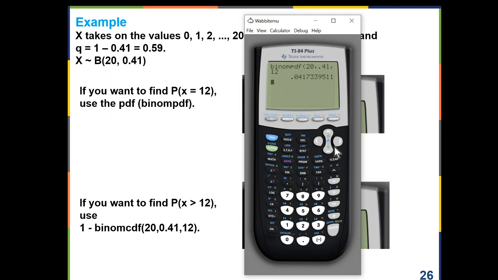So in order to do this problem with the calculator, we have to go to 1 minus, and then go to binomial CDF, and put 20, comma, 0.41, comma, 11. Right?